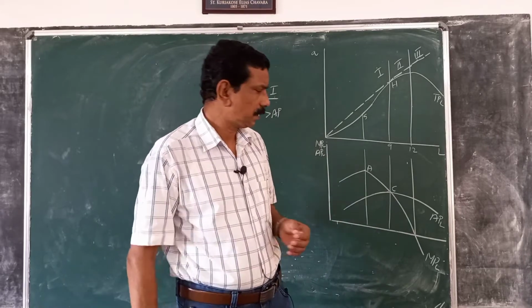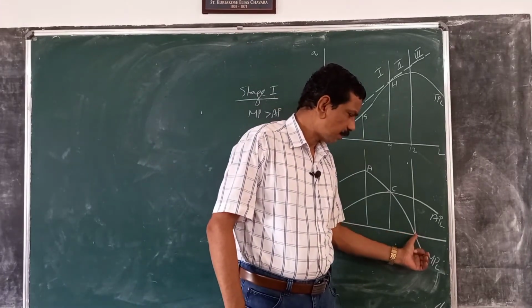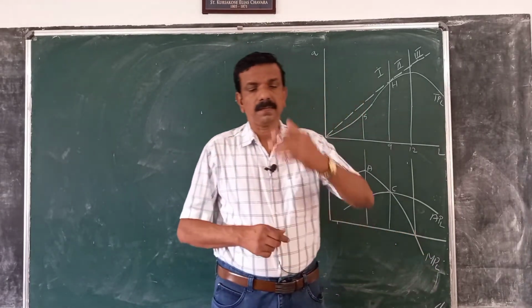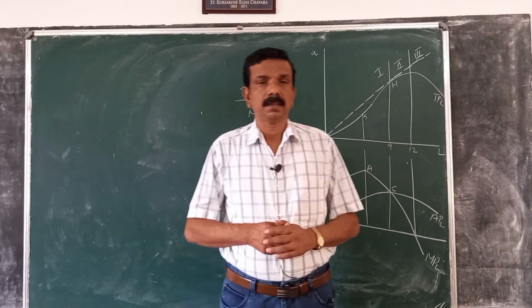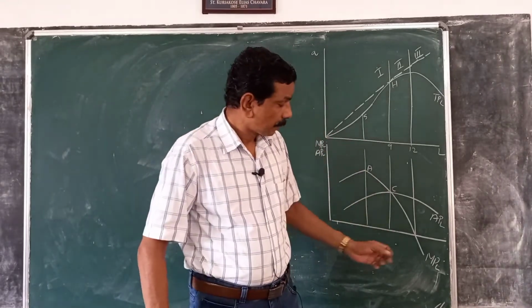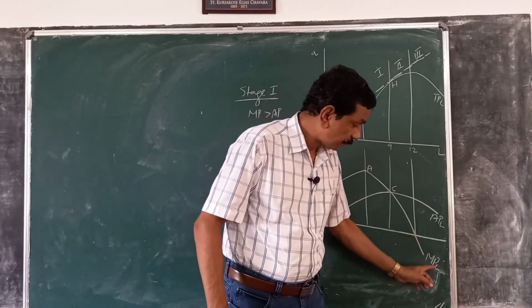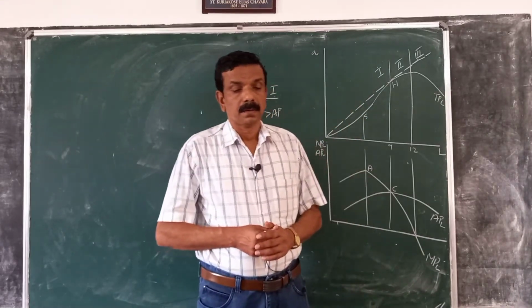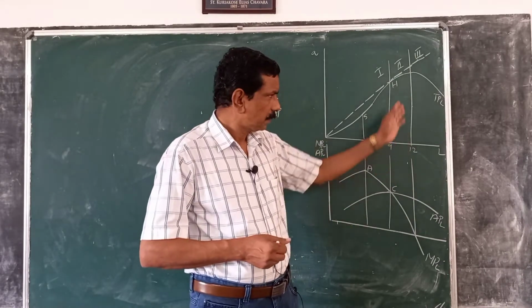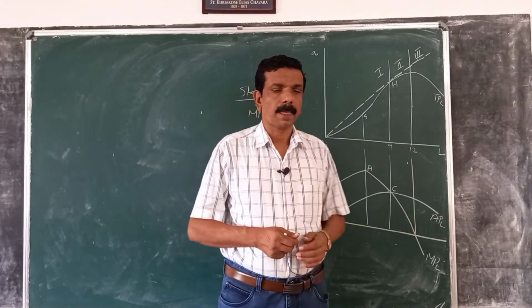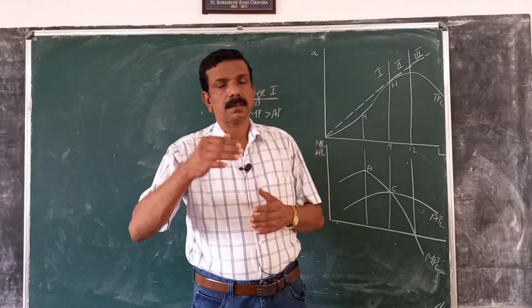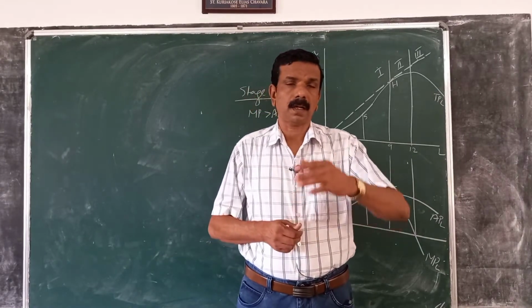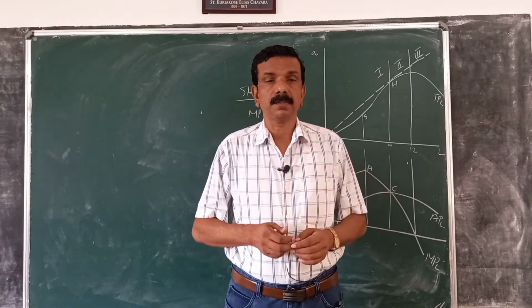Using the same reasoning, we can say that a profit maximizing firm never operates in the third stage because the marginal product of the variable input is negative. And why? In the third stage, total product is declining as more variable input is added.